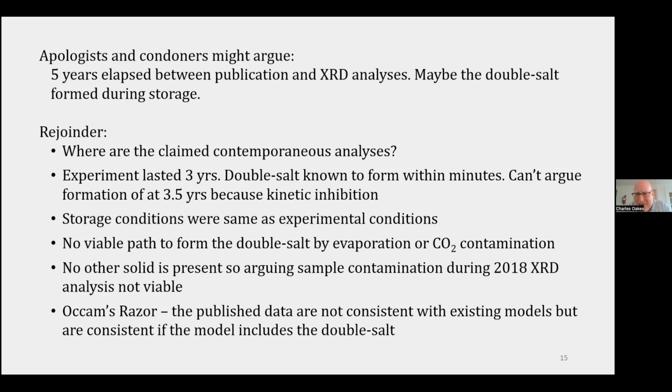The storage conditions were the same as the experimental conditions. There was still liquid in the stored samples. Just losing water from evaporation or diffusion through the sample container or through CO2 contamination, those things can't explain the formation of that other solid. It's the only solid in the sample. So if you're going to argue it's from contamination, where's the stuff that it's supposed to be contaminated?